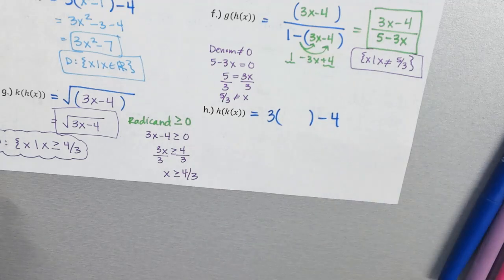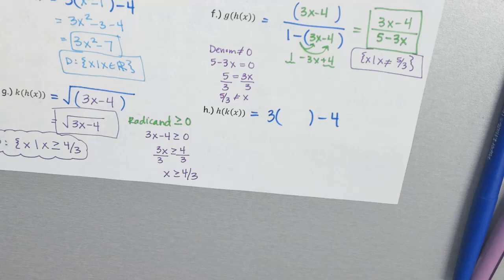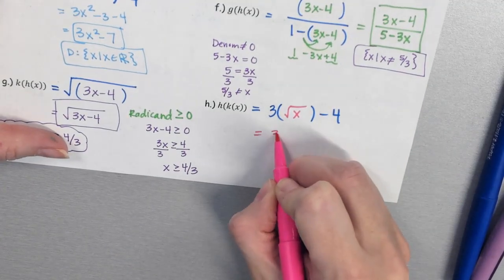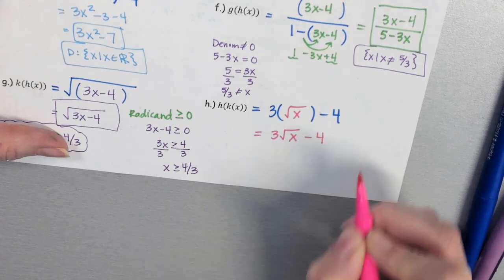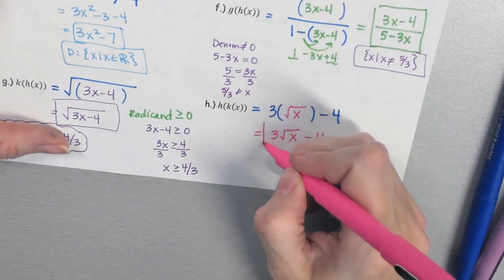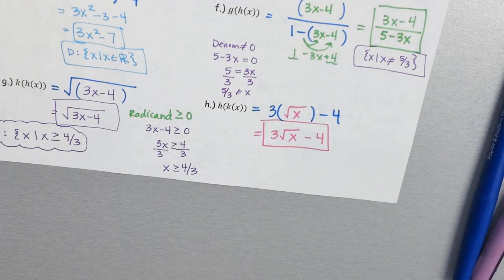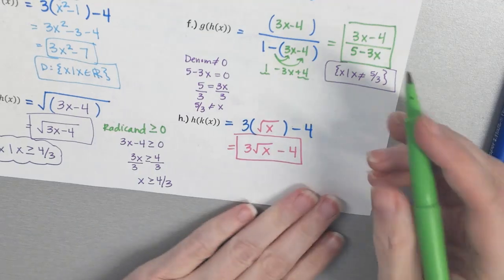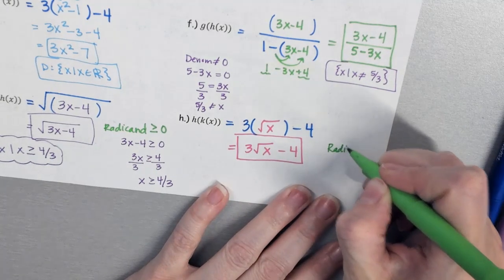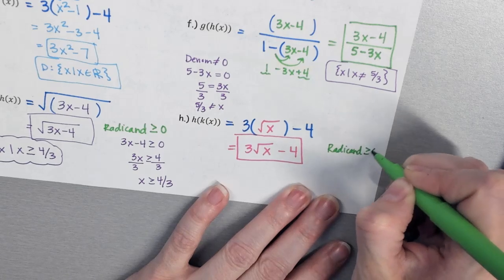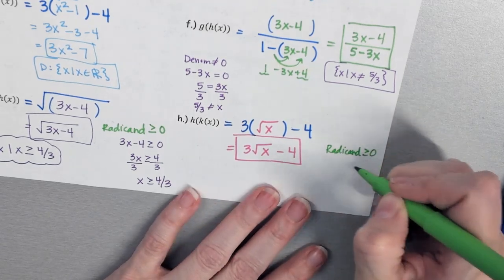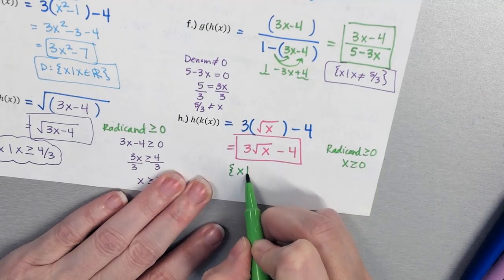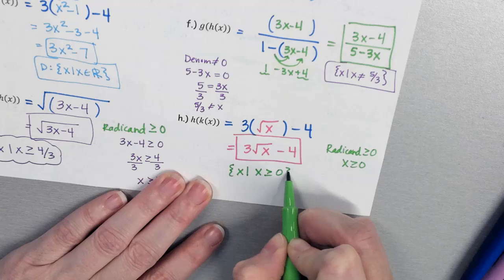Okay, what am I substituting in for x for this one? Okay, good. Now here, when you multiply 3 times root x, it's just 3 root x minus 4. There's nothing else you can simplify, so you're going to keep it just like this. And then again, whatever is underneath the radical, you have to set that greater than or equal to 0. So what is the only part that's under the radical? The x. It's only the x. So your domain is x such that x is greater than or equal to 0.